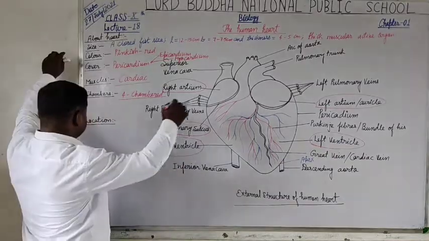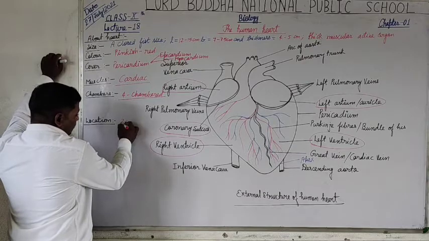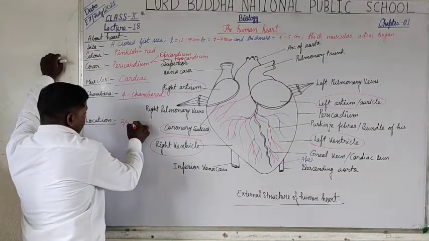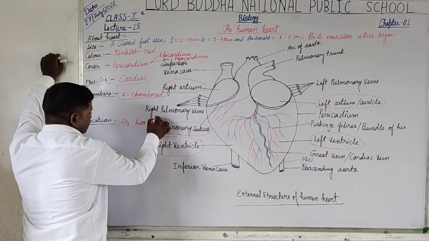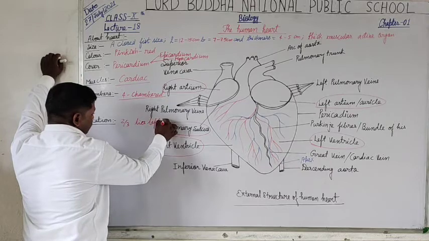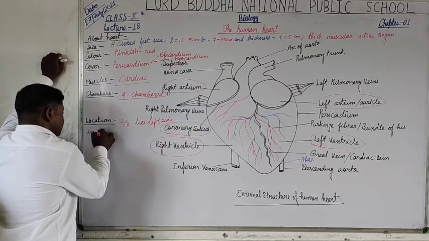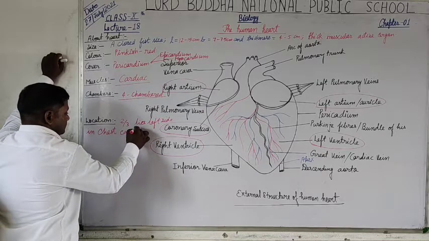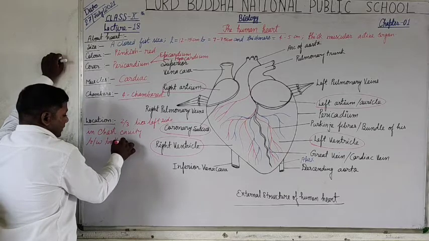So now, location. About 2/3 part of the human heart lies on the left side in the chest cavity between both of the lungs.